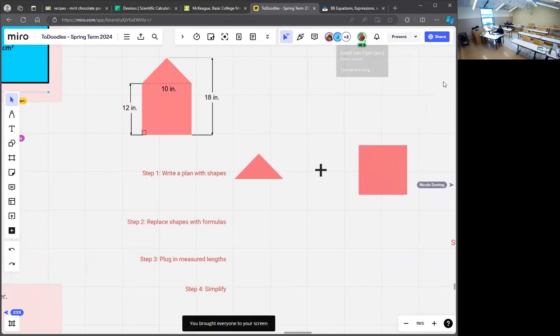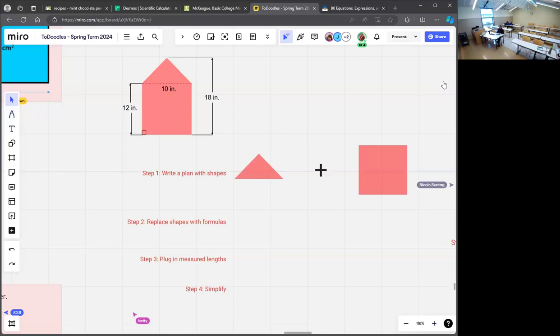Okay, so first, whenever I look at one of these area puzzles, and the GED loves them, often they're not any harder than this one. I first want to make a plan that has no math at all. Because just like word problems, kind of figuring out what's up is often the hard part.